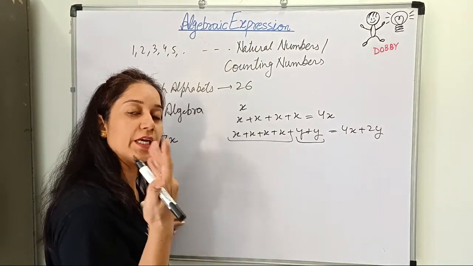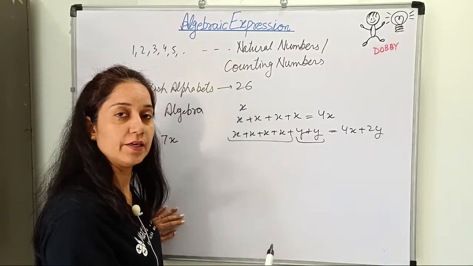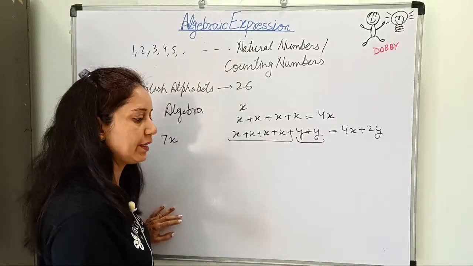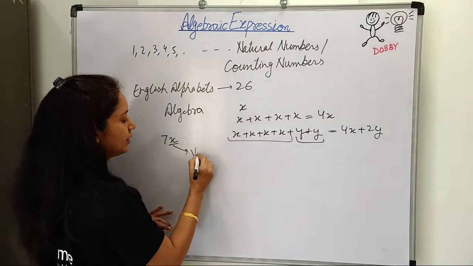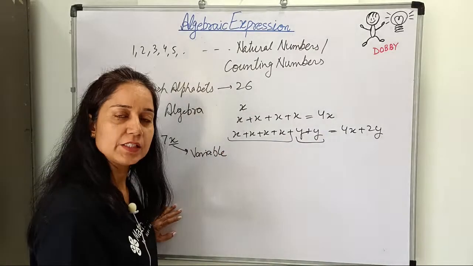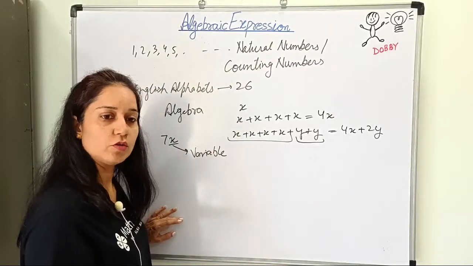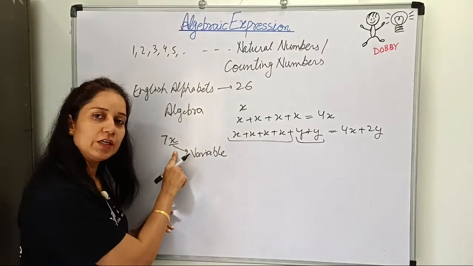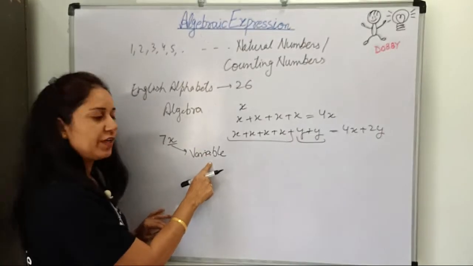You can put x as 1, 2, 3, 4, 100 or 500, 1000, any. x can change the value, that is why it is called variable. x, y, z, it can be 11y also, 21z also. x can change the value as many times, that is why it is called variable.